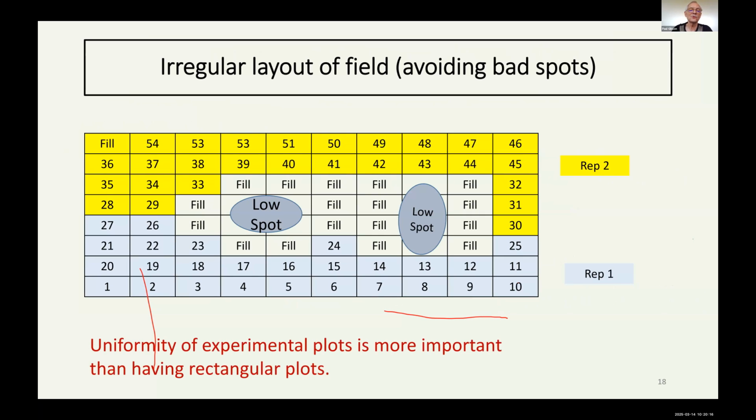So here I just drew out a diagram of an example of a way in which the plot layout is irregular, but uniformity of experimental plots is more important than having rectangular plots.